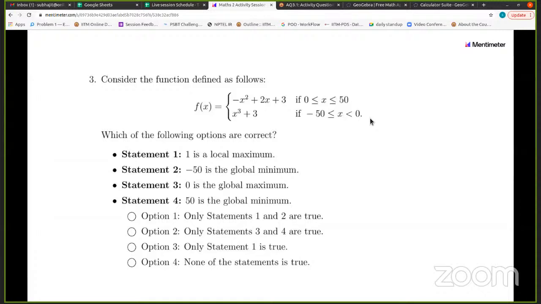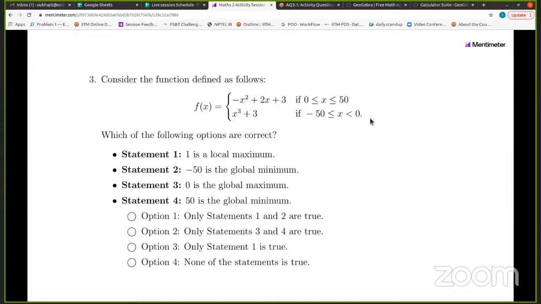Sir, the question you discussed, 3.1, question number 6. The question said that f of x does not have a saddle point, so you have to assume that. But in card 3, you said there is a saddle point, right? That looked like a saddle point, yeah.